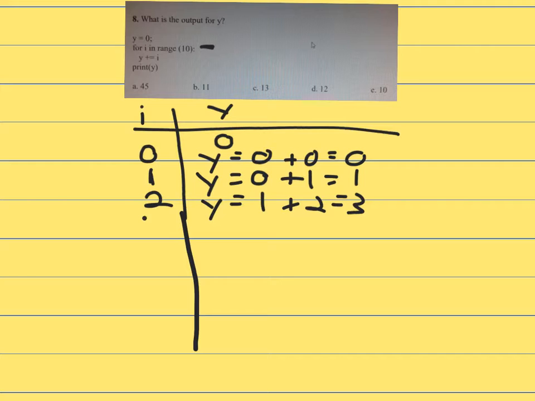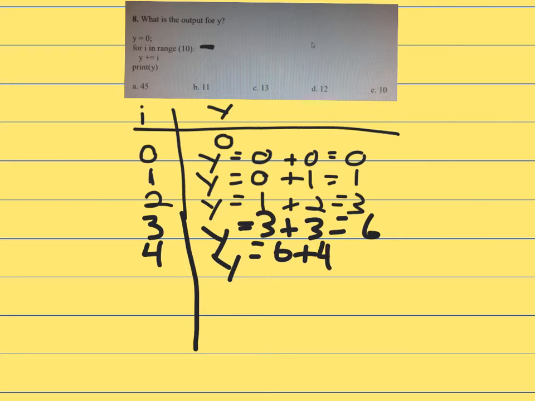3 will be y equals 3 plus 3, which equals 6. 4, y equals 6 plus 4, which equals 10. 5, y equals 10 plus 5, which equals 15, and so forth.